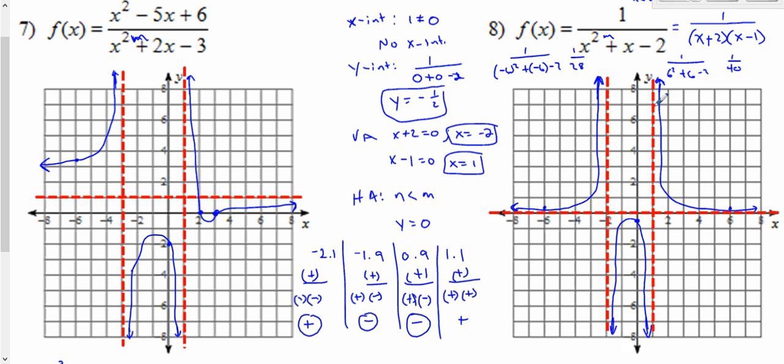Minus 3 and minus 2 is 5. So that's 1/5. So it's still a fraction. So really, I come down and I get really close, and it's a very sharp curve down here when you're doing that, as far as understanding this graph a little bit. Okay? And that's number 7 and 8.